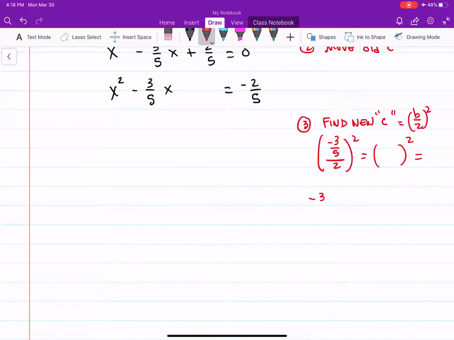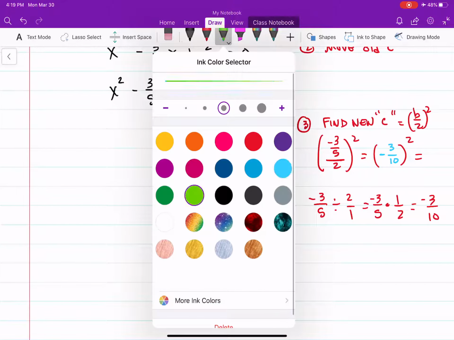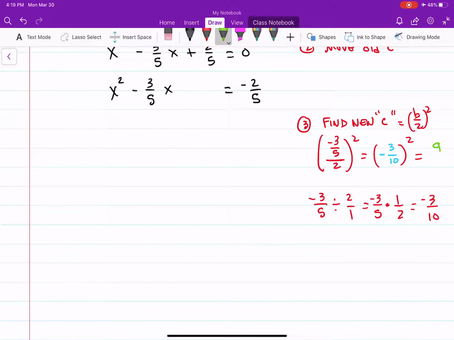Negative 3/5 divided by 2 is equal to negative 3/5 times, copy, change, flip, which is equal to negative 3 over 10. And that squared is going to give you 9 over 100. So I'm going to add 9 over 100 to this side, and 9 over 100 to this side.